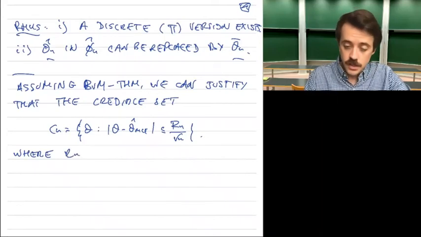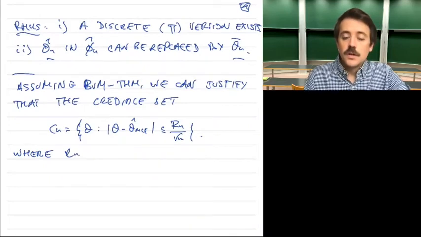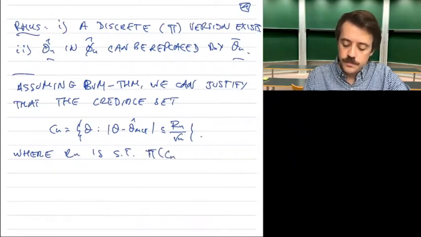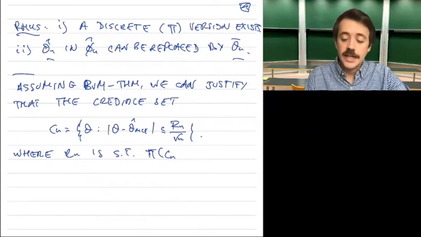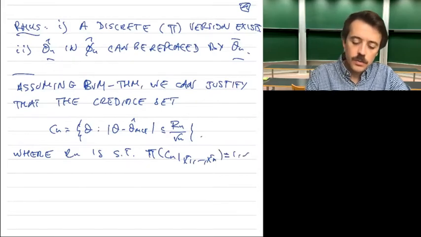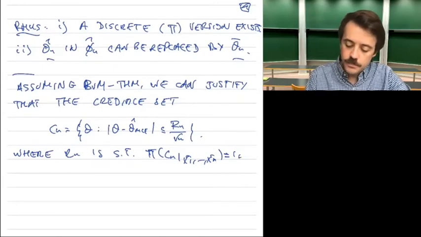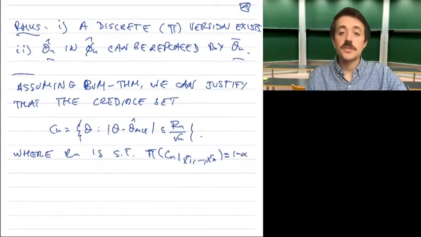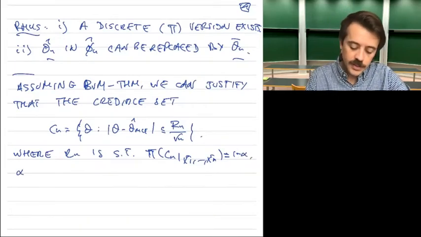Rn is just any value such that the set Cn has mass 1 minus alpha under the posterior distribution. And this is, of course, for alpha between 0 and 1, so that's the usual thing.